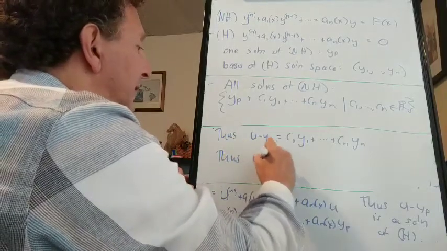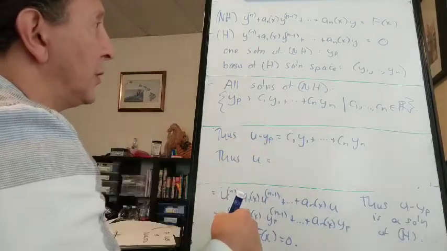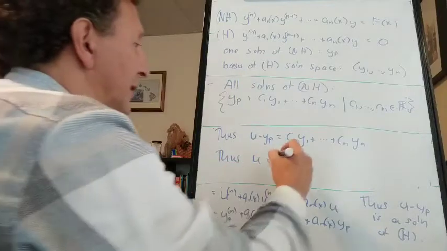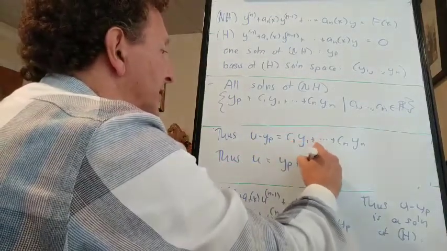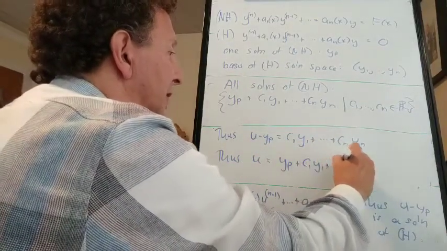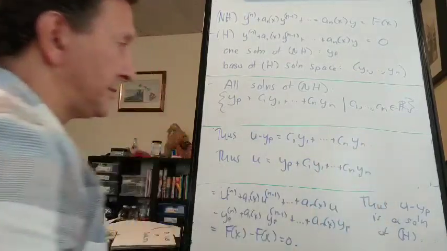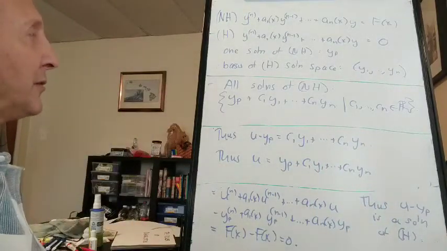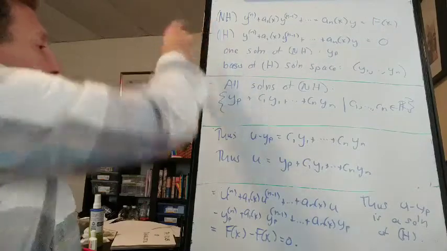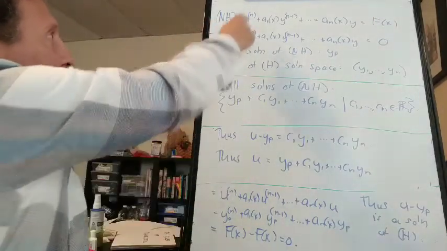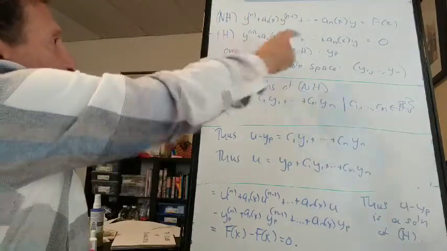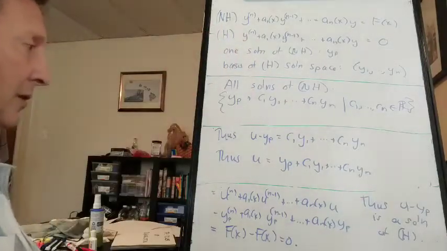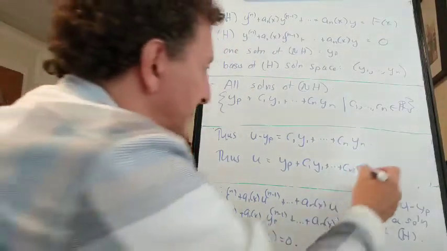So that means that any solution u we want to the NH can be written as yp plus this linear combination. So every solution of the non-homogeneous system of equations can be expressed as one solution plus all possible solutions of the homogeneous differential equation.